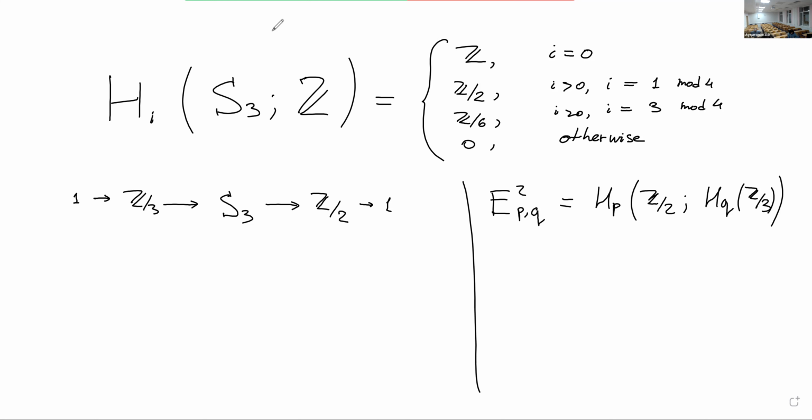Well, first of all, the action of Z2 on Z3 is just multiplication by -1, which is easy enough to understand.